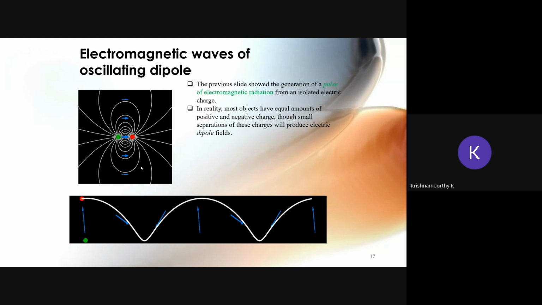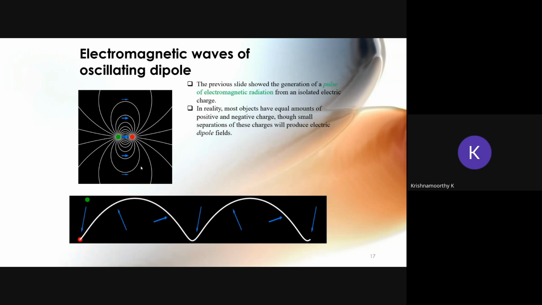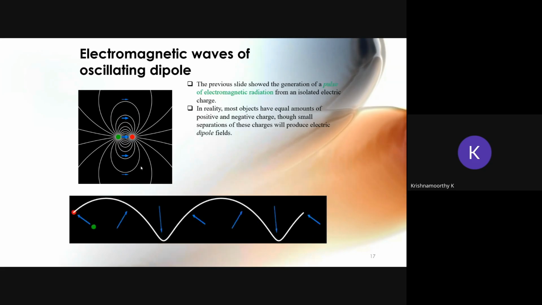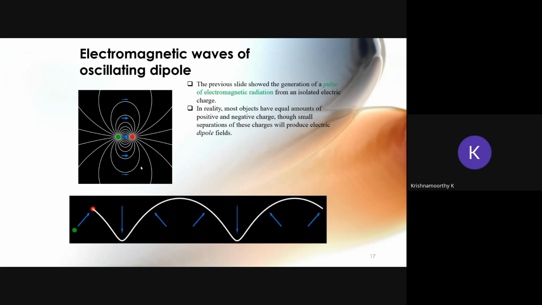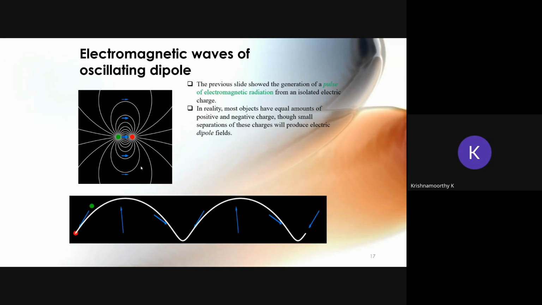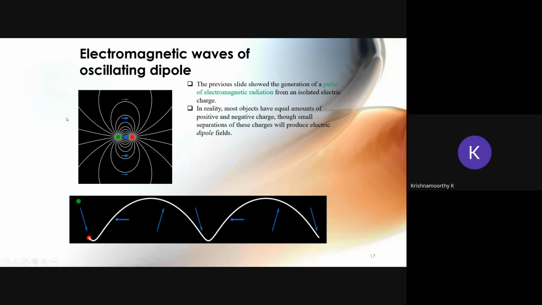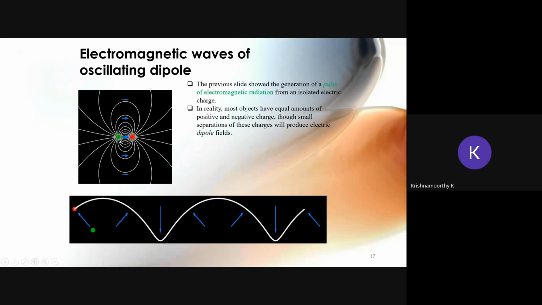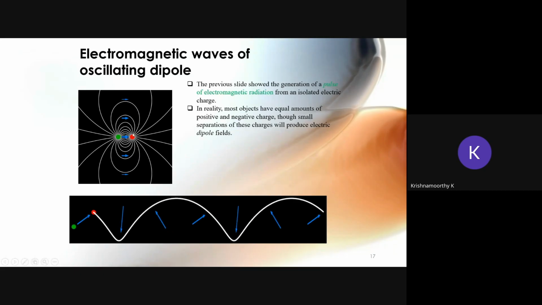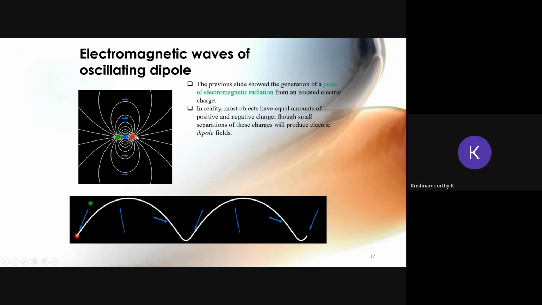So if you want to create the electromagnetic radiation, we should accelerate the charge. The maximum radiation is going to occur perpendicular to the direction of the acceleration.